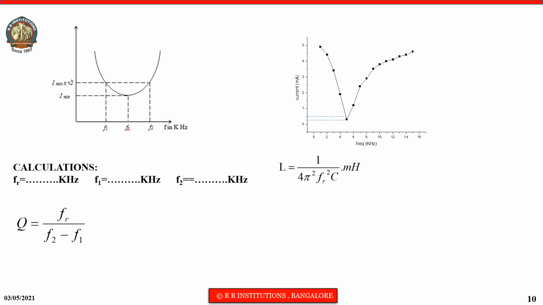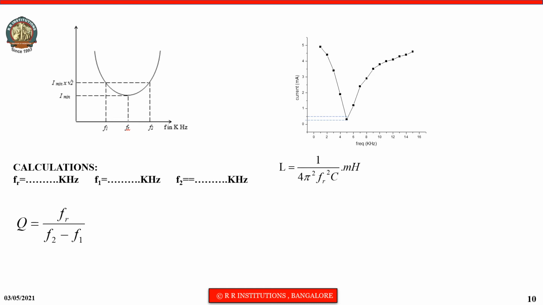Now let us see the frequency response plot for the LCR parallel circuit. You can see here, as the frequency increases, this is how the frequency response curve we obtain after plotting the data which we obtained from the experiment. So from the graph we must note down where the current is minimum. The corresponding frequency is called the resonance frequency.